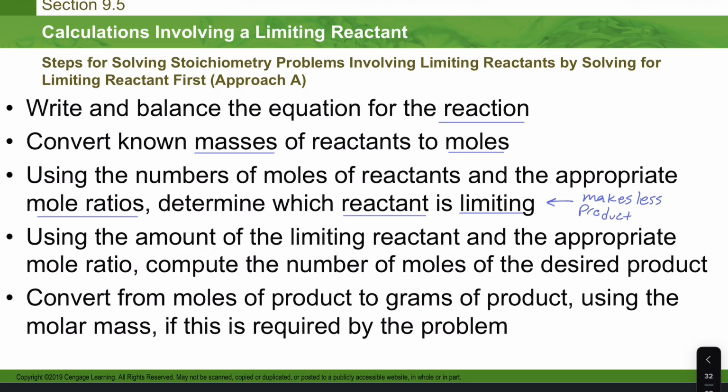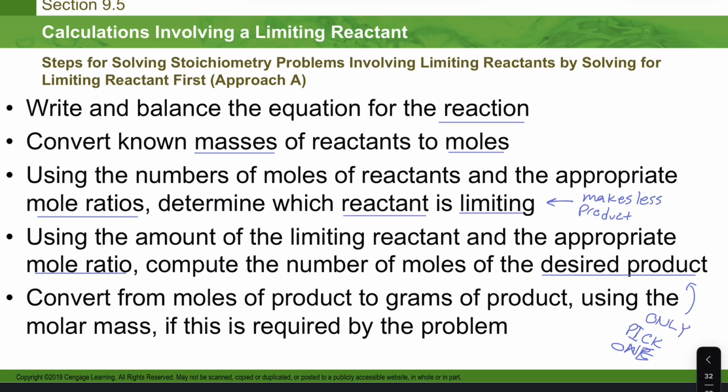You can use the amount of the limiting reactant and the mole ratio to compute the moles of one of the products. So if you have more than one product, only pick one. And we'll get into what that means in just a second. But you're only going to want to pick one.